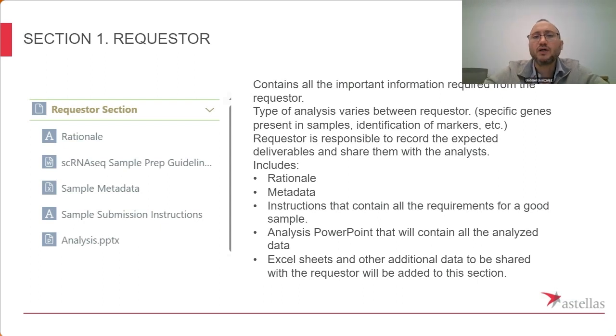In the initial section, we have the requester section, and this contains all the important information required from the requester. So what type of analysis? Because this may vary. It could be single cell RNA-seq, it can be bulk RNA-seq. Even within this sequencing, it could be, okay, I just want differential analysis, or I want, please tell me the count of the specific gene that I'm looking for.